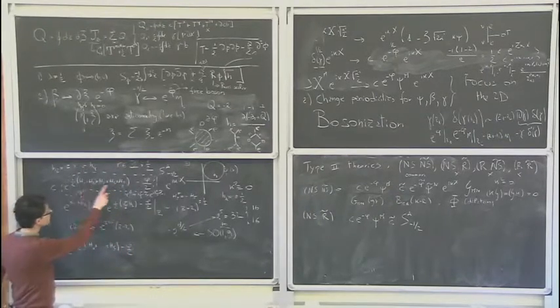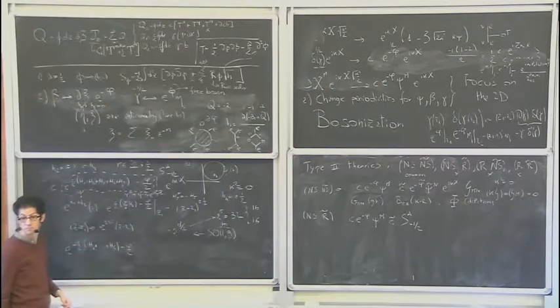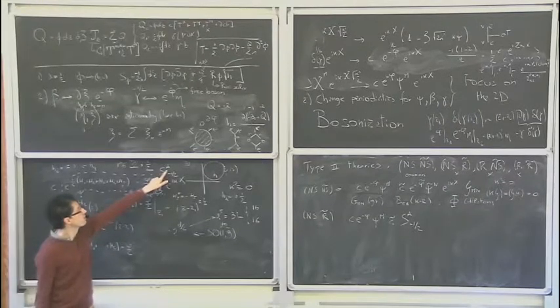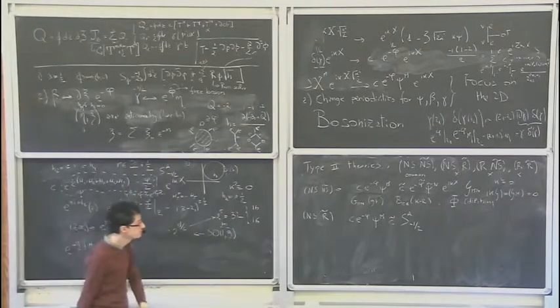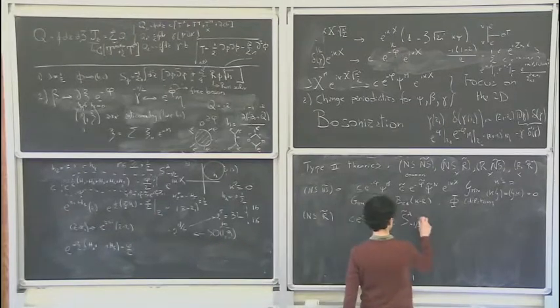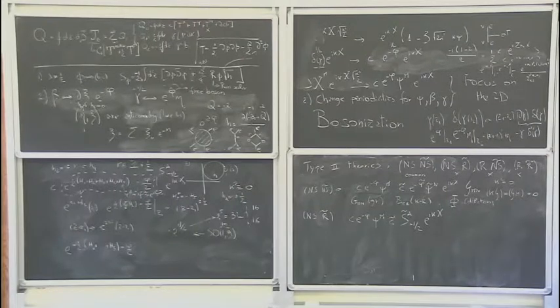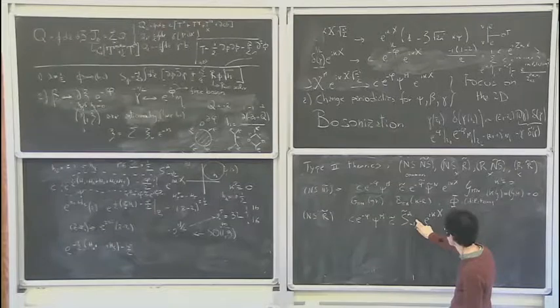So you can start from this choice, and then you can flip pairwise signs. You get 16 different states, and I collectively call these 16 different states, I label them by this index. Okay. So this is what you would get in the Neveu-Schwarz-Ramond sector.